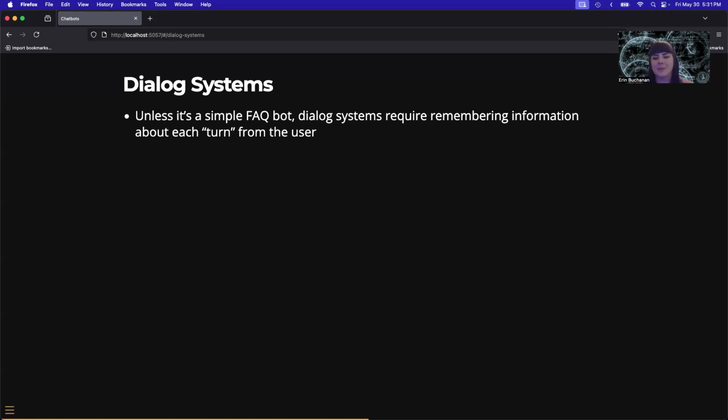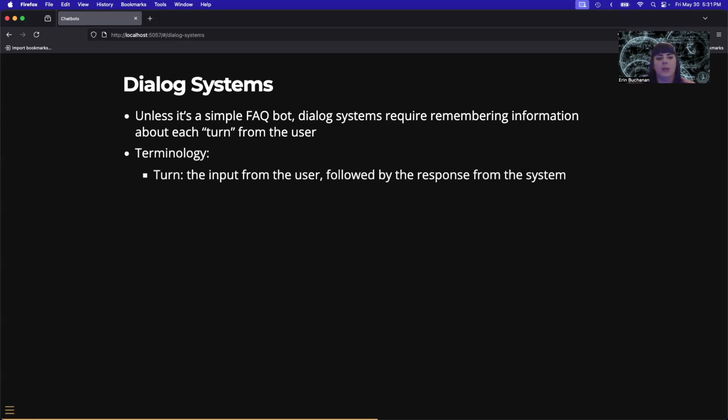So it's sometimes better at remembering information that we would have lost because we weren't paying attention, the TV was on, whatever distraction we're currently using. Okay. So dialogue systems to be good require some sort of memory about turn taking. Okay. And so to give you sort of the proper terminology from research in psycholinguistics and communication.